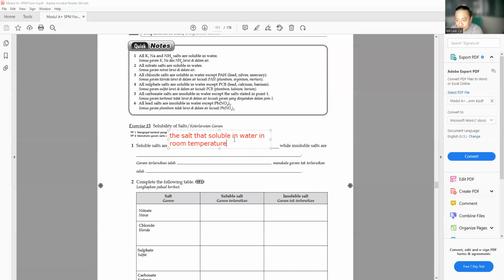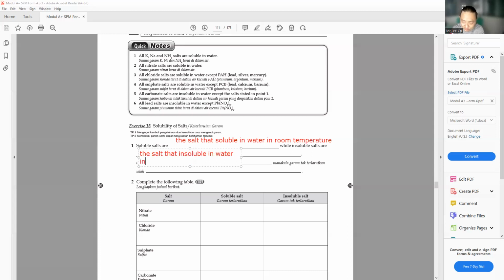The salt that is soluble in the water at room temperature. Right? While insoluble salts are the salts that cannot dissolve in water at room temperature. Okay.